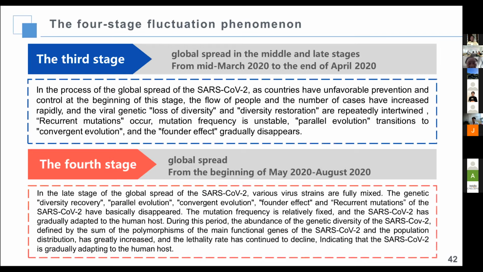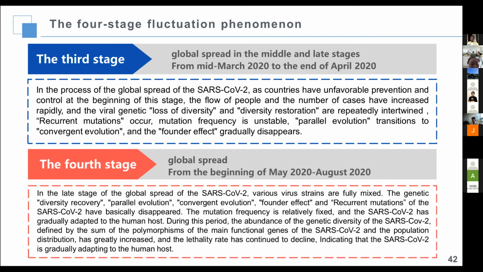The third stage is the global spread in the middle and later stage, from the middle of March 2020 to the end of April 2020. In the process of the global spread of SARS-CoV-2, as countries had variable prevention and control at the beginning of the stage, the flow of people and the number of cases increased rapidly.